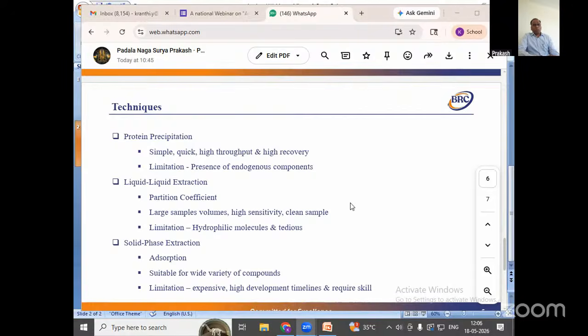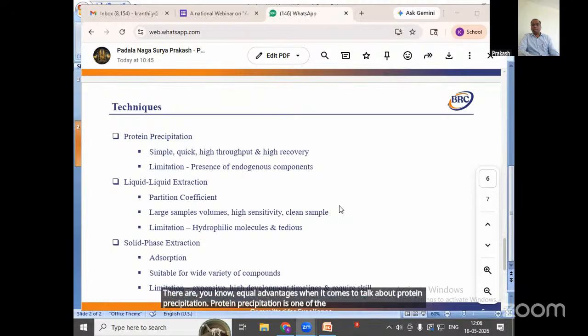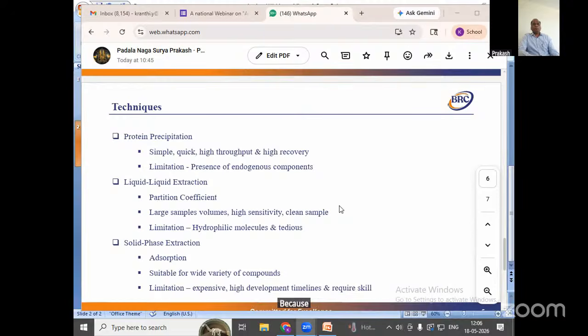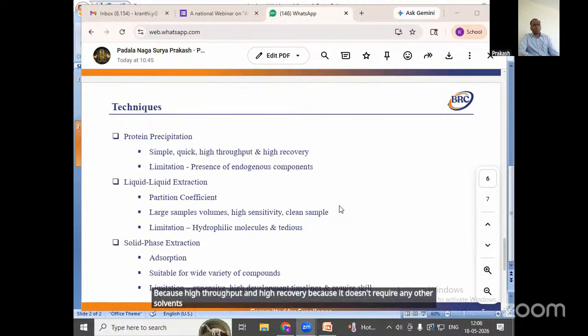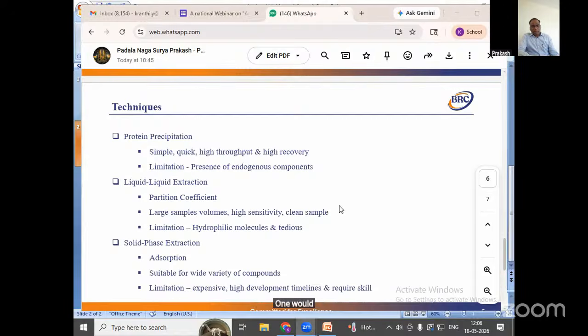There are equal advantages when it comes to protein precipitation. Protein precipitation is one of the most simple and quick techniques, with high throughput and high recovery, because it doesn't require any other solvents or complex steps. One would not be requiring the pKa or log P or log D, as I mentioned earlier.